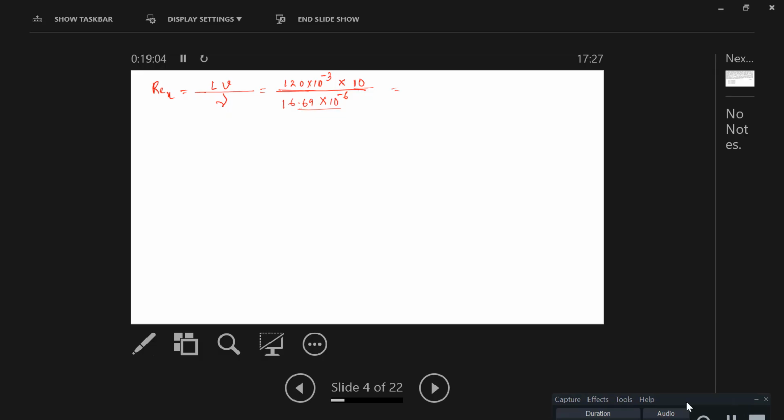So are you able to follow this? Please calculate how much Re will come.